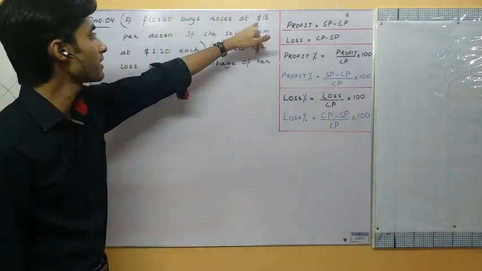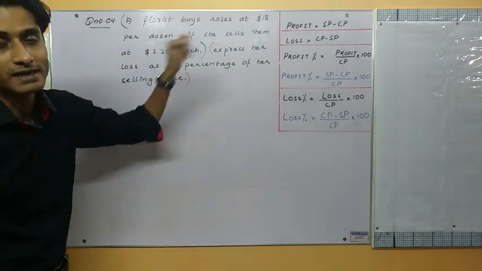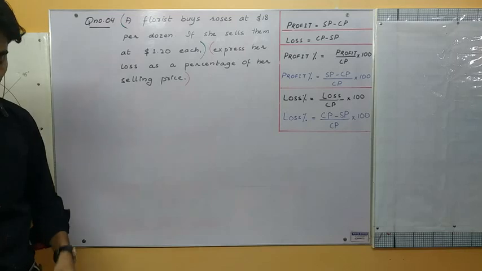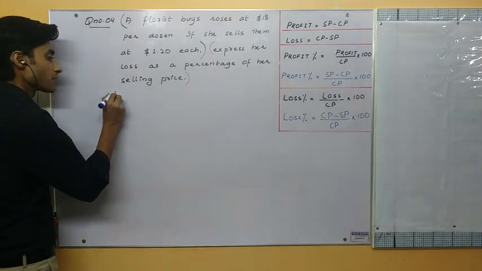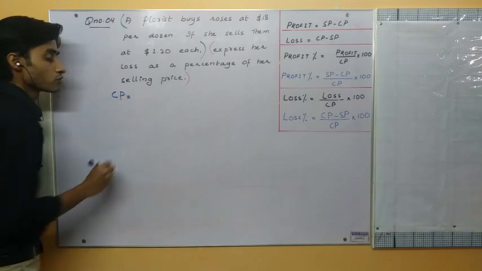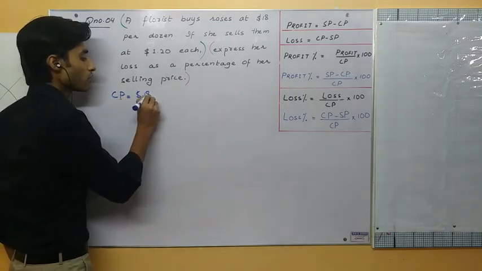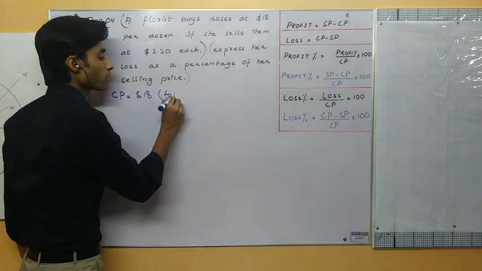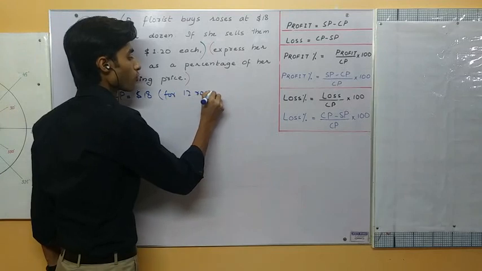The cost price is given as $18 for how many? For a dozen roses. A dozen means 12 roses. So I have the cost price of 12 roses, and how much is that? Cost price is $18 for a dozen, or for 12 roses.